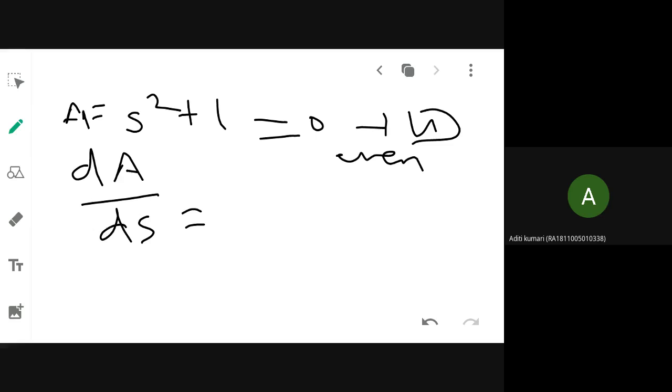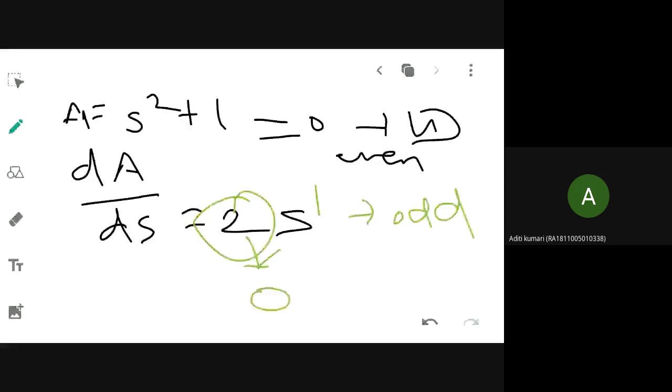It will be 2s. So what is the coefficient that you are having now? The order is 1, odd order. Coefficient is 2. So in place of 0, you need to replace it by that coefficient. Understood what you need to do?